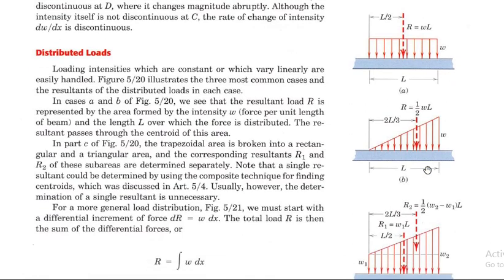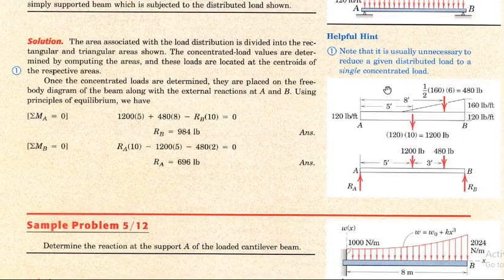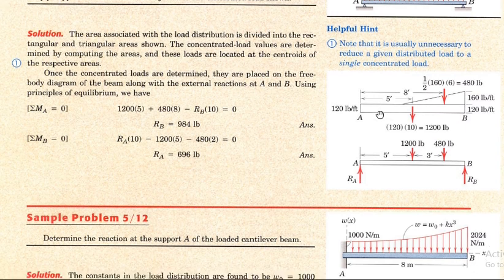The formulas used in this example are: L by 2 multiplied by W, R1 is equal to W into L, and for this varying load we have the formula to find the reaction, R2 equal to 1 by 2 (W2 minus W1), which is 280 minus 120, into L equal to 6, at 2L by 3, 2 into 6 by 3, which is equal to 4. By using this formula we have solved this numerical.